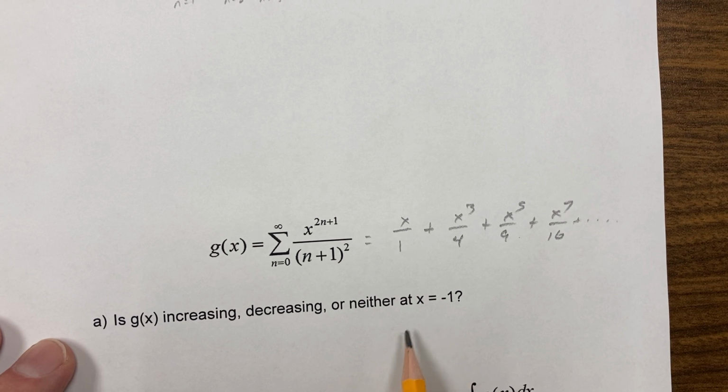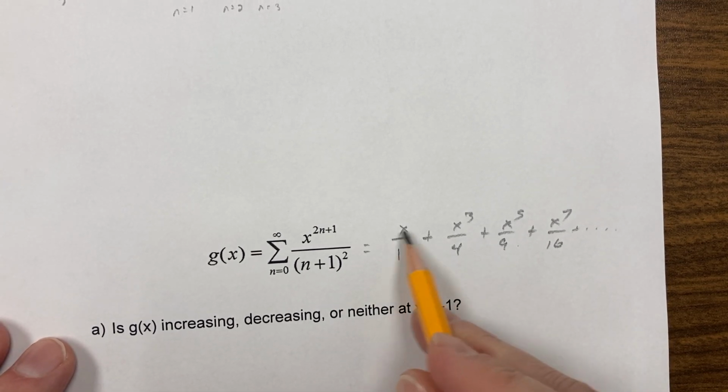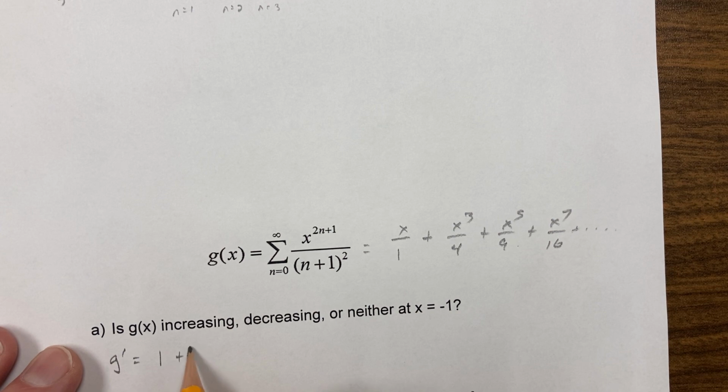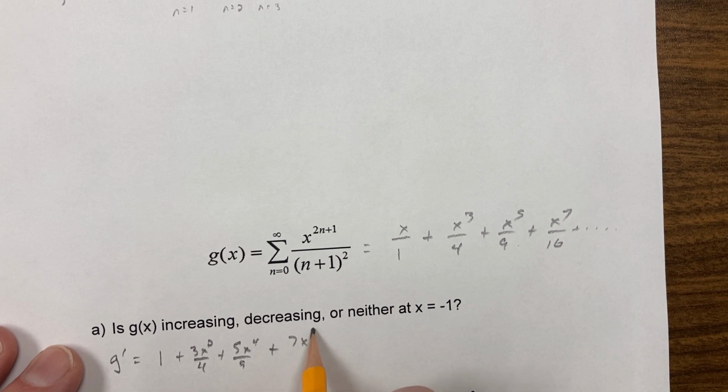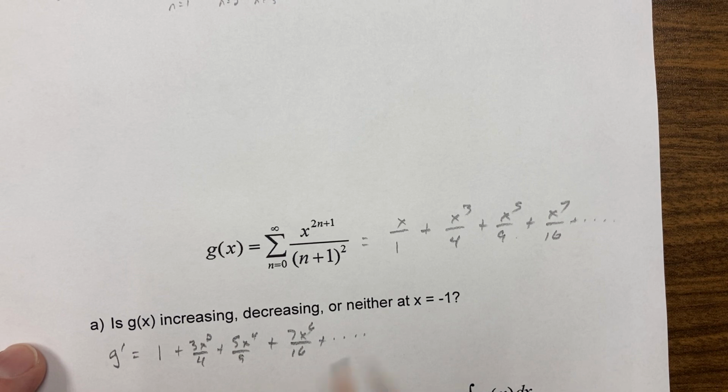Well, what I want to do is, let's go ahead and do the derivative. So g prime would be 1 plus 3x squared over 4 plus 5x to the 4th over 9 plus 7x to the 6th over 16 plus dot, dot, dot, right? That's g prime, and we're asking about what's going on at -1.